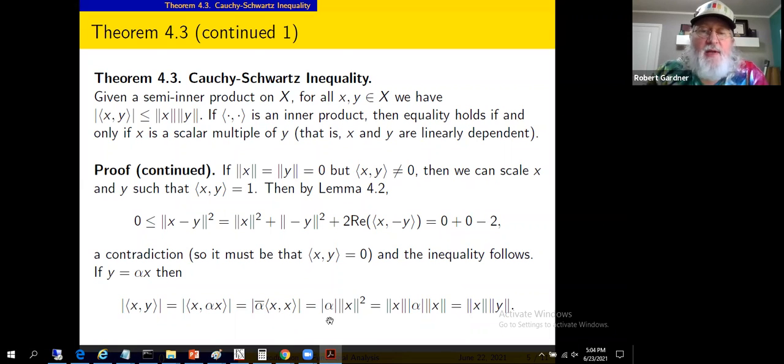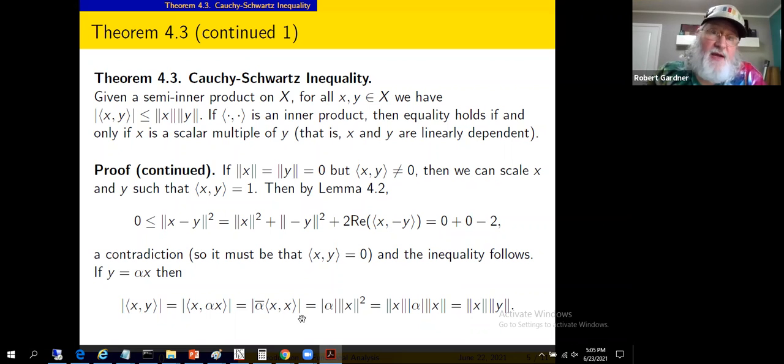So this comes out as the modulus of alpha conjugate, which is the same as the modulus of alpha. So we do get the modulus of alpha on the outside. Here we've got the inner product of x with itself, which, by the way, we know to be non-negative.